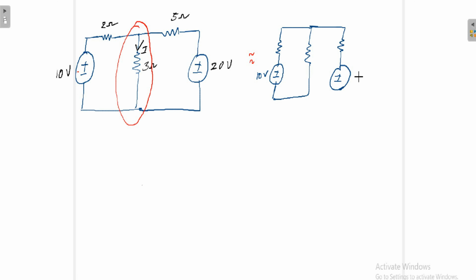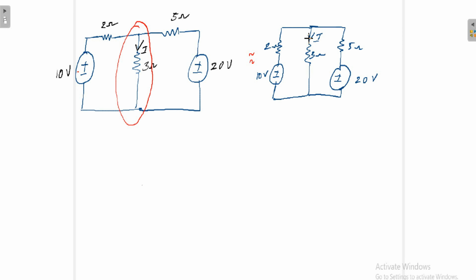Here this is your 2 ohms, this is your 3 ohms, this is your 5 ohms. Does the right-hand side circuit resemble the left-hand side circuit? Yes, absolutely. So with the help of Millman's theorem, is it possible to find the I value? It is very easy to find. I want to find the current through this 3 ohms.